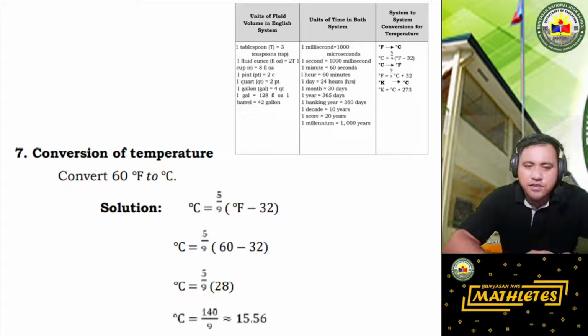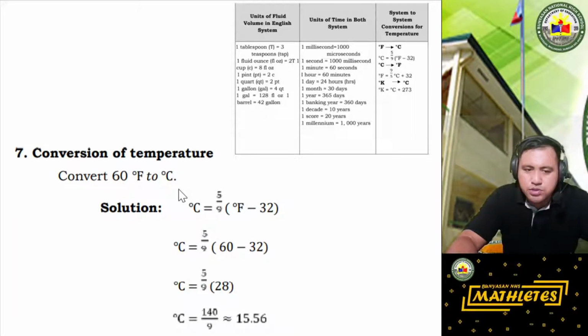Next is conversion of temperature. Convert 60 degree Fahrenheit to degree Celsius. So, these are the formulas in converting degree Celsius to Fahrenheit, Fahrenheit to degree Celsius, or Kelvin to Celsius. Okay? Since we have to convert Fahrenheit to Celsius, we will use the formula degree Celsius is equal to 5 over 9 times the quantity degree Fahrenheit minus 32.